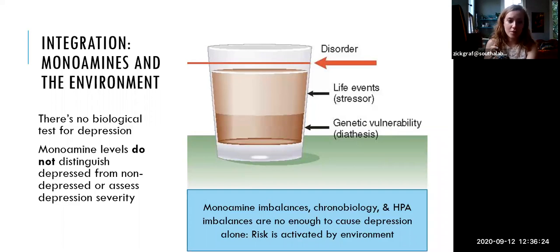So this is a great example of the stress diathesis model, where the diathesis here is dysregulated monoamine signaling. But without life stressors, without life events, that alteration in monoamine signaling and serotonin's regulatory control of dopamine and norepinephrine would not be enough to cause depression, which is why there's no biological test for depression using monoamine levels.